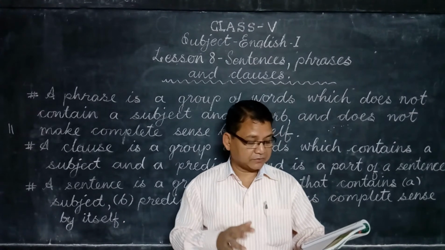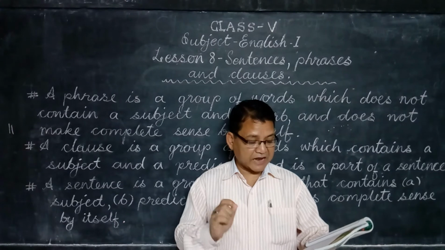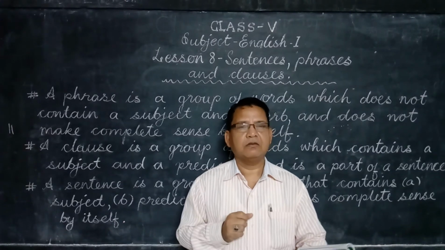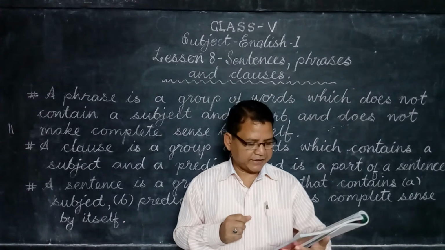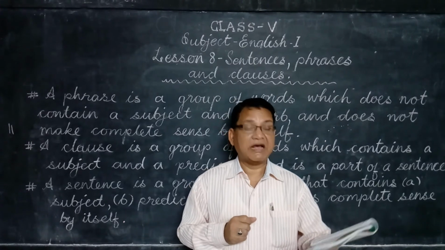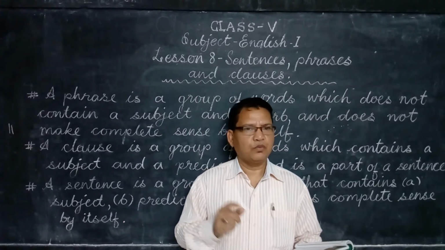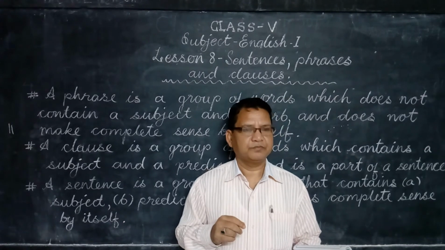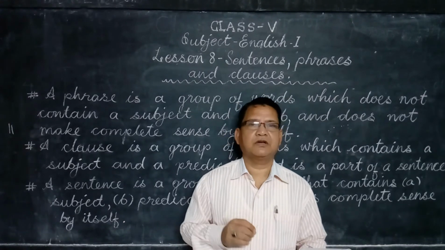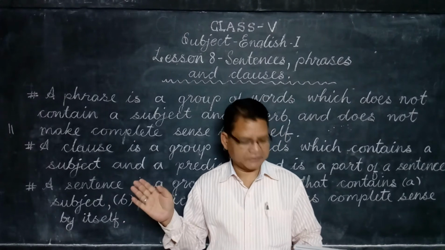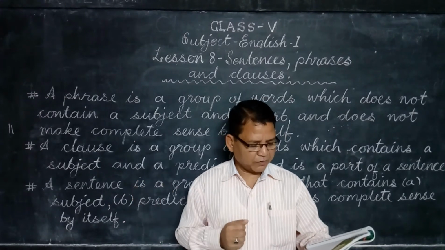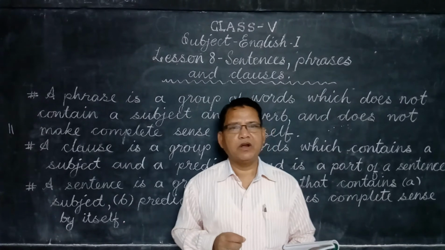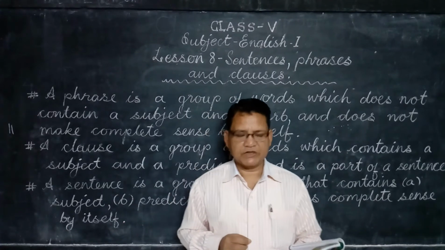Now look at another sentence. The man was carrying a bag full of money. We are talking about the man. Okay? The man is the subject and the rest is predicate. Another one. The wedding will be held at sunset.